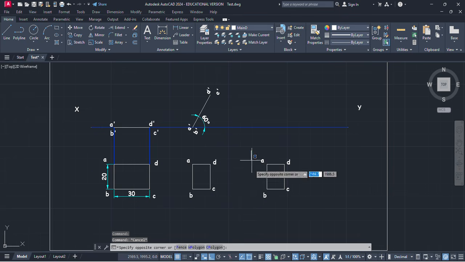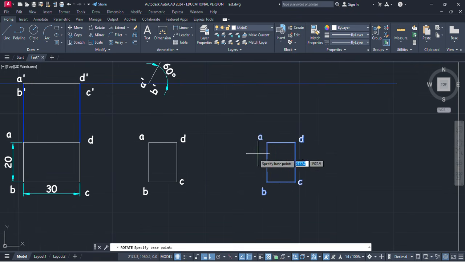So now just select this and select rotate. Now you have to provide a reference point. We have to rotate this edge in such a way that this edge is going to be inclined at 45 degrees. So either select this point or this point. Out of these two, you can select any one as a base point. Suppose I'm going to select this one.